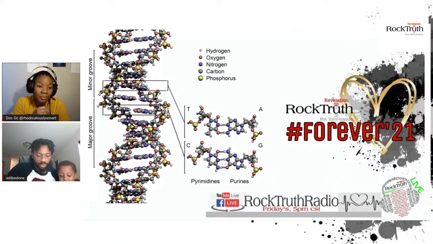You can get it from plants. You can get a plant source, which is ALA, this alpha lipoic acid. So that's what ALA is, and then you can get it in the organic fish form, which is EPA.